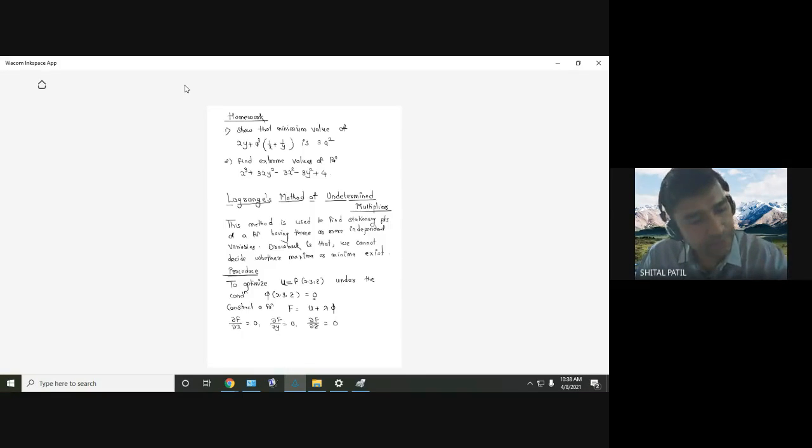Then solve above equation simultaneously and find lambda, x, y, z. That's it. You can leave.